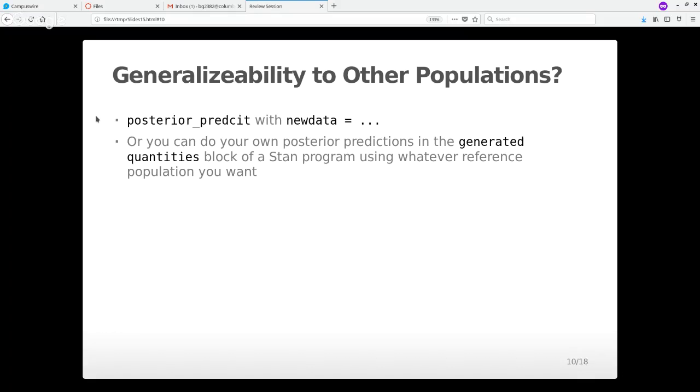And you can do stuff like post-stratification, which weights the posterior predictions you have by the population shares of people in the population you want to refer to.